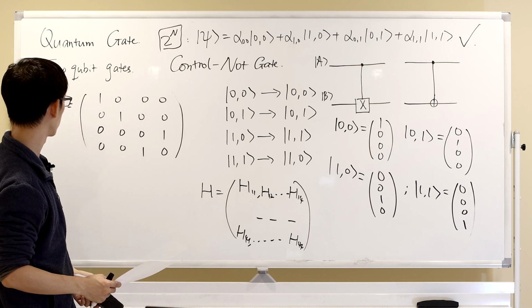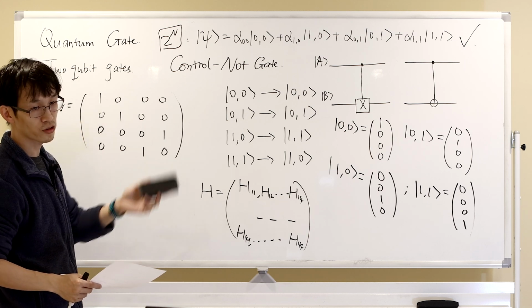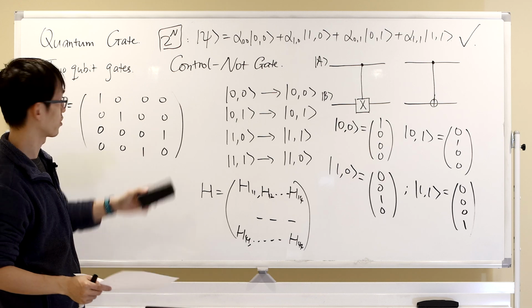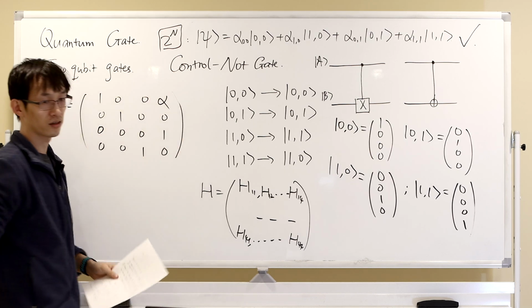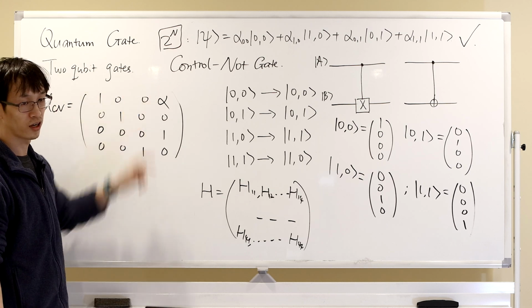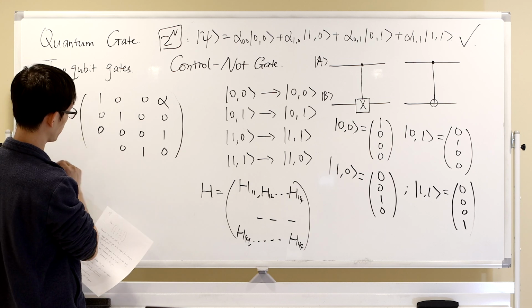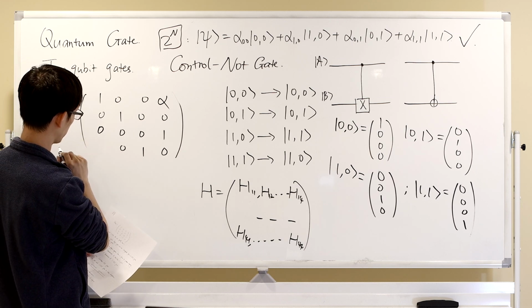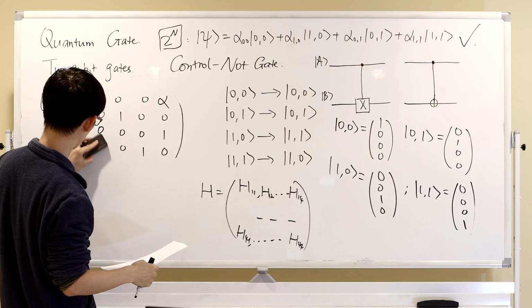For example, if your first qubit is used to control the 4th qubit, you don't even need to do any calculation. You can see this must be some coefficient here, because this is a 1,4 off-diagonal, and because this has to be unitary, you can kind of see what it will be here.